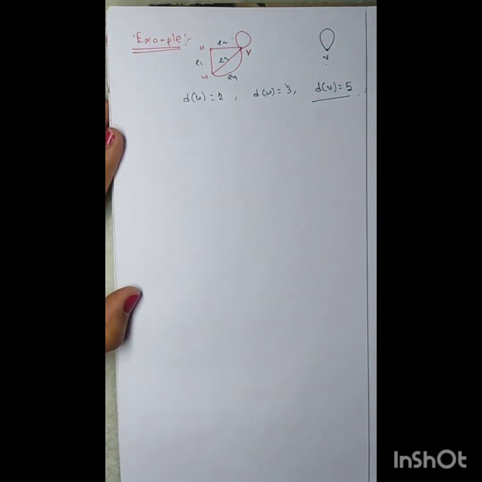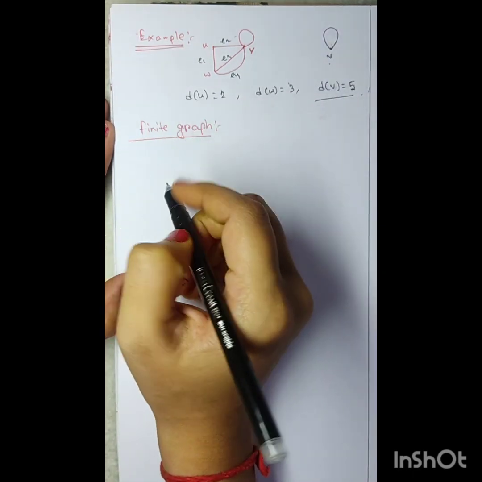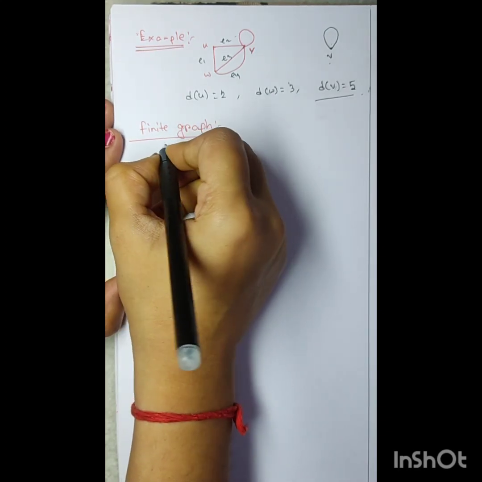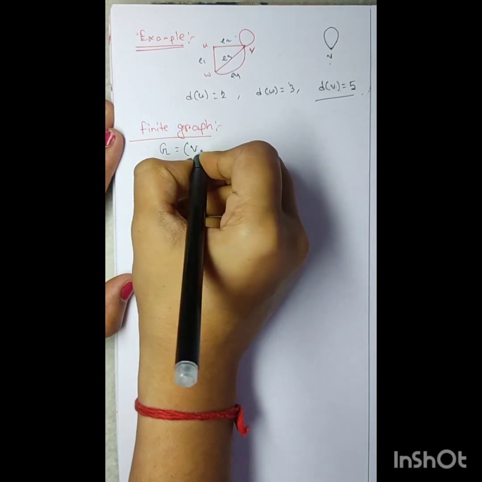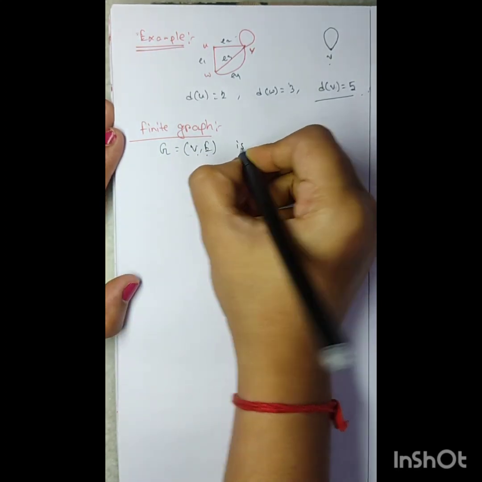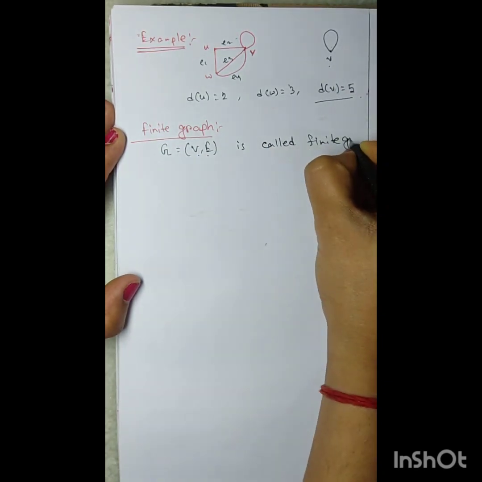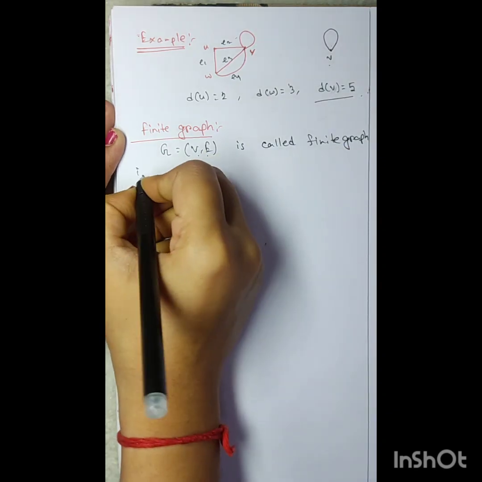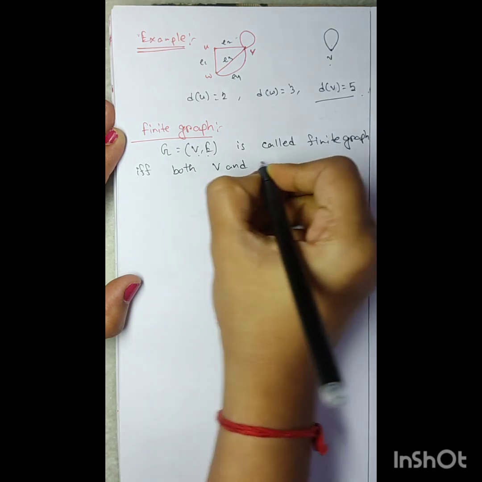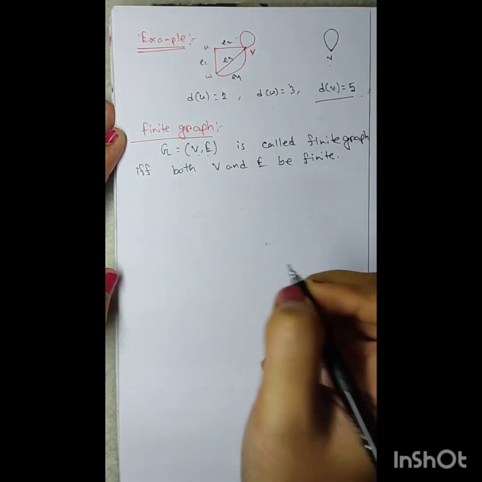Now we will consider a special kind of graph, which is a finite graph. So what is a finite graph? If G is a graph with the pair V and E, that is the vertex set and edge set, then G is called a finite graph if and only if both V and E are finite, as the name suggests.